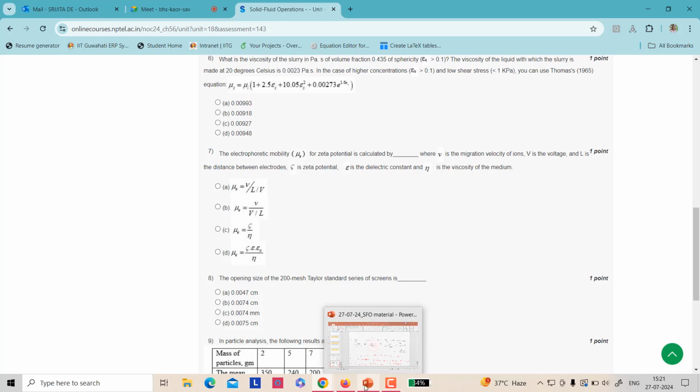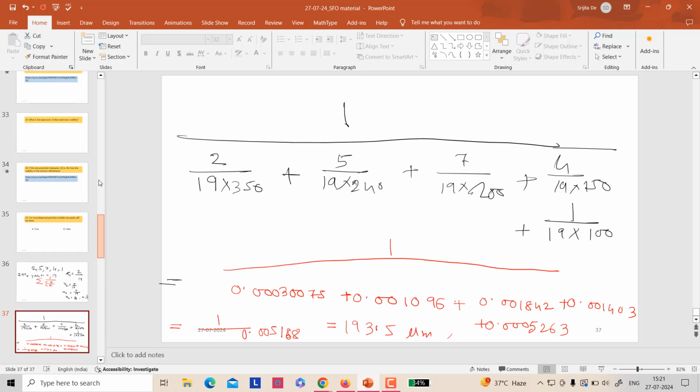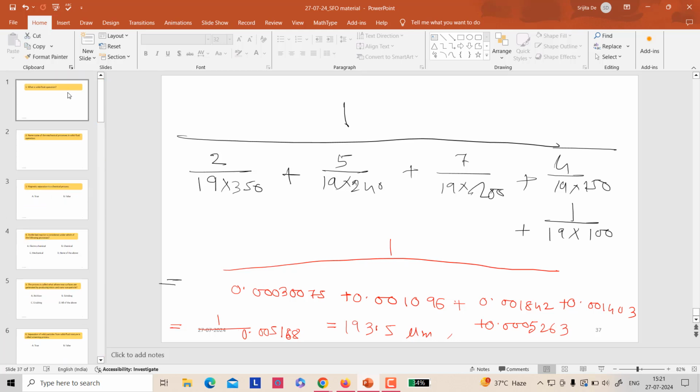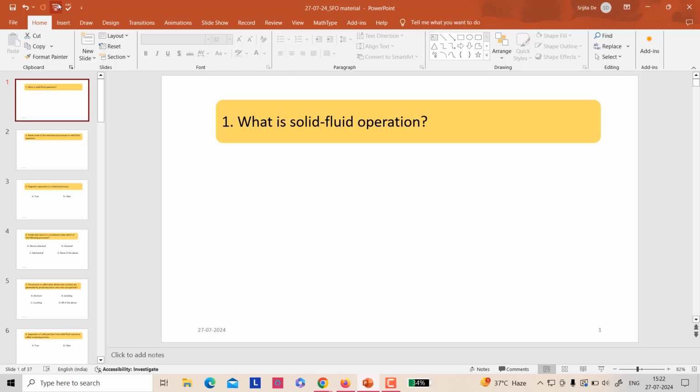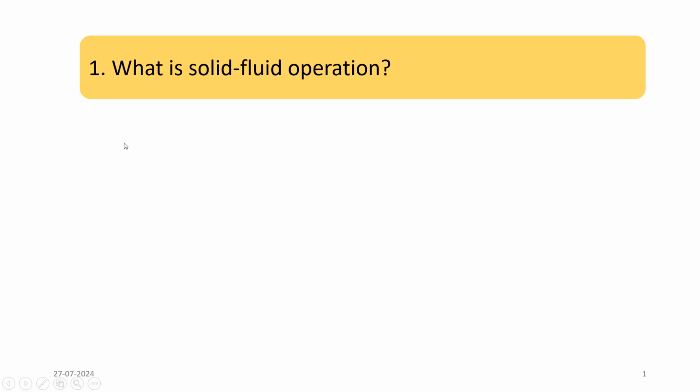So I will be doing some extra questions also. So let me start with that. So first one is a basic one. What is solid fluid operation? So can you tell me what is solid fluid operation?